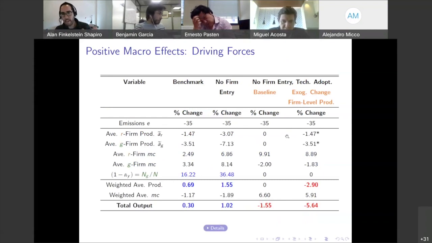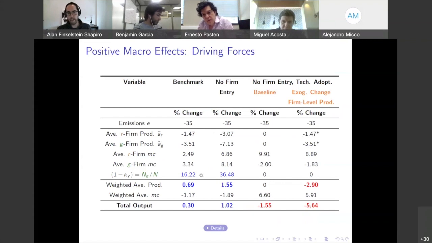And in order to really highlight these mechanisms, we have this additional experiment where hypothetically, let's assume that we end up changing exogenously the average productivity of firms in each category to match what we see in the baseline model. So the negative 1.47 is the same here and here, and the same thing here, which implies that, given that alpha Y is fixed, the weighted average productivity of the economy ends up falling, the marginal cost ends up increasing, and therefore the fall in output is even larger.